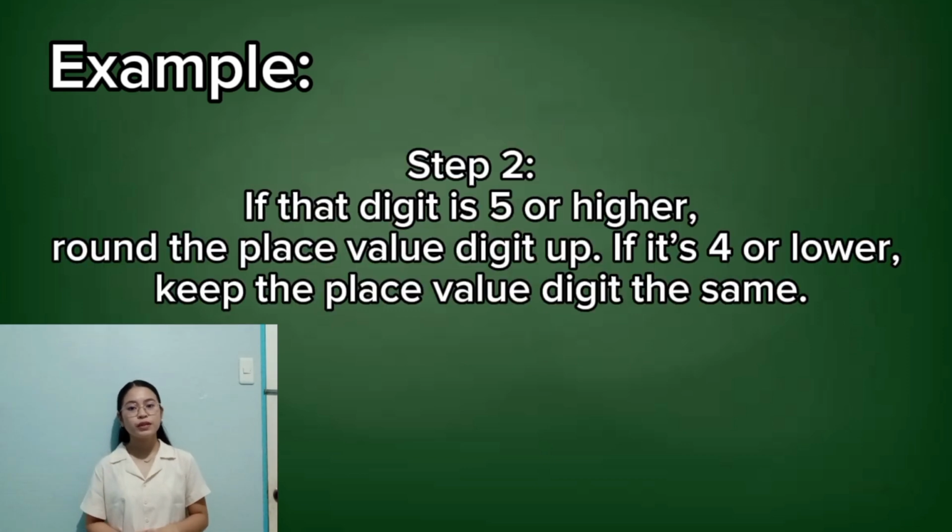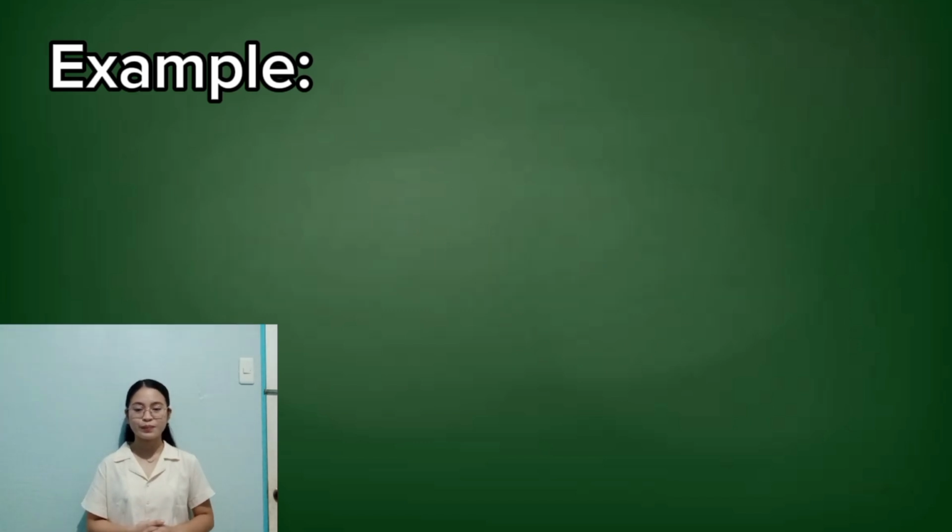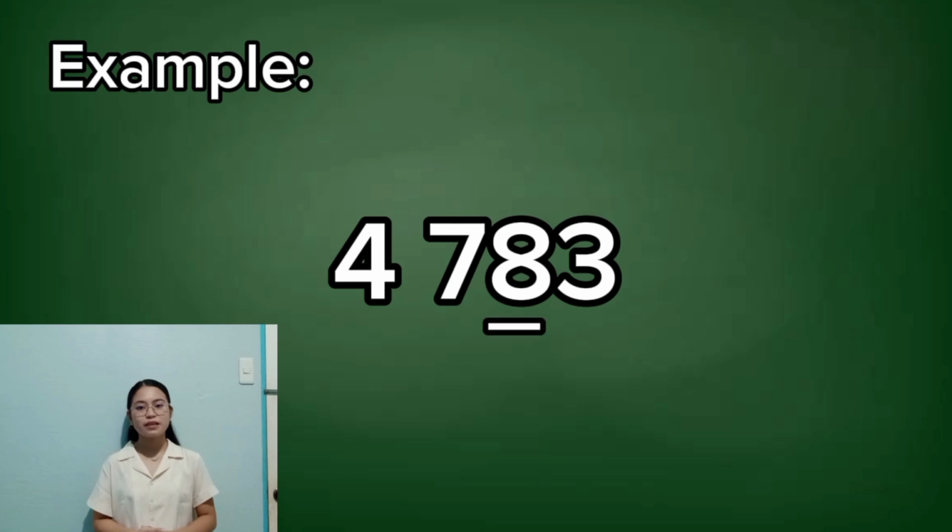Step 2, if that digit is 5 or higher, round the place value digit up, or add 1. If it's 4 or lower, keep the place value digit the same. In this case, the digit is 8, which is higher than 5.